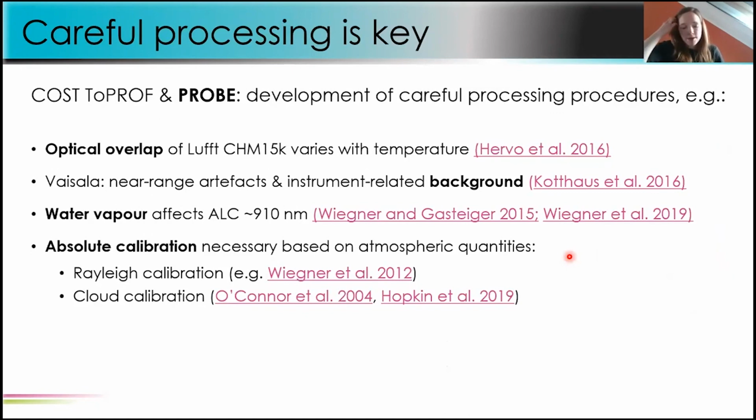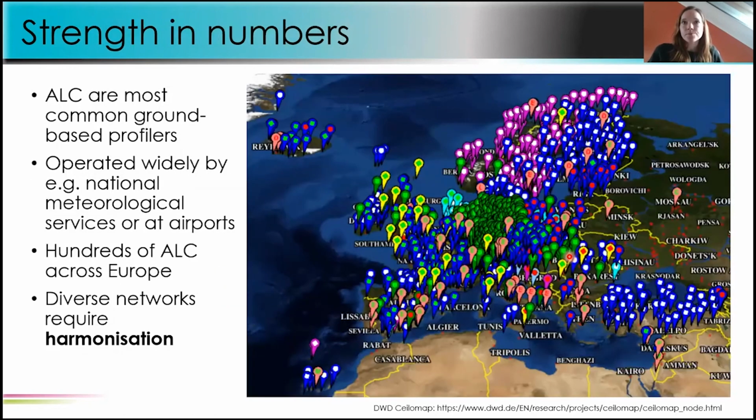In PROBE and previous COST actions, we have worked very hard on correction procedures that are necessary to improve these products from the ALC, and also to see what needs to be done to actually get real quantities of attenuated backscatter in absolute calibration. So we continue working on these aspects to get very high quality products from these rather simple sensors.